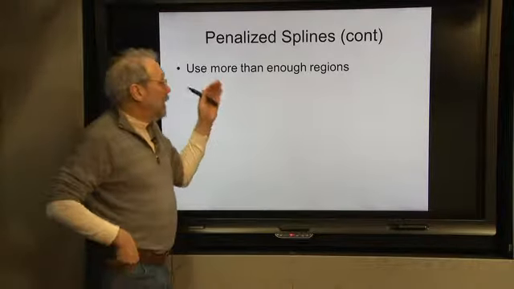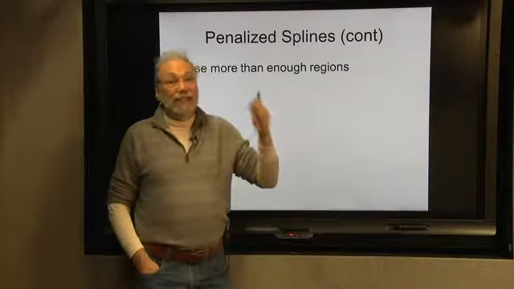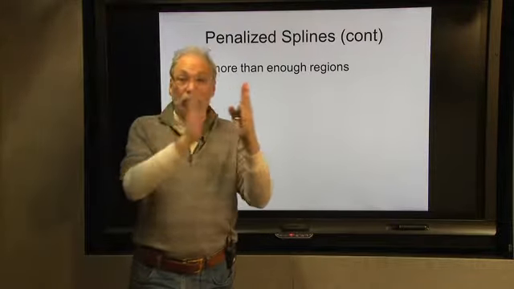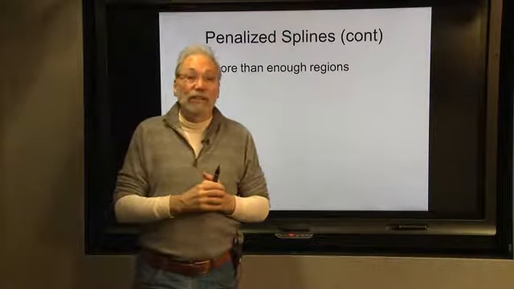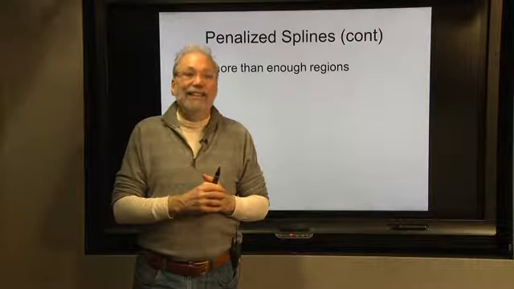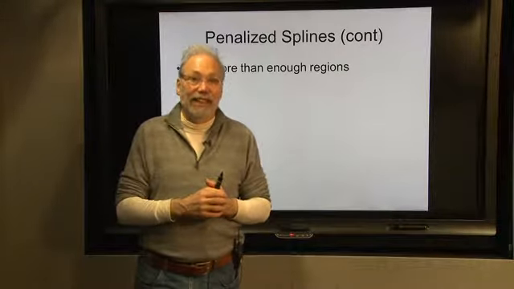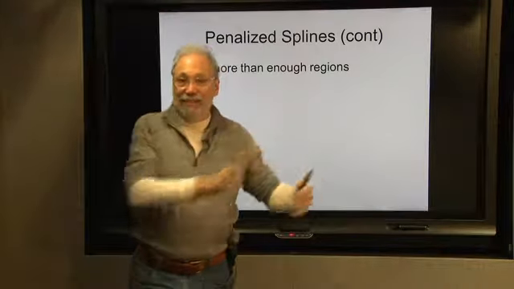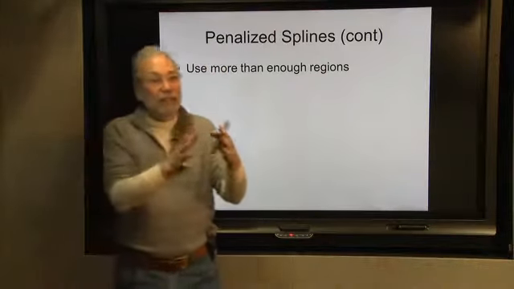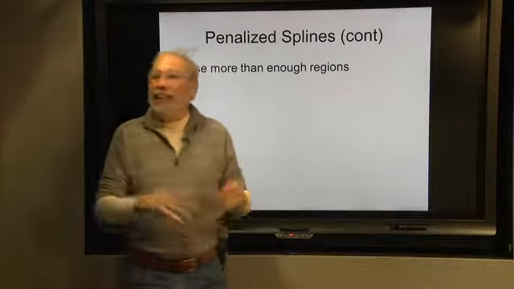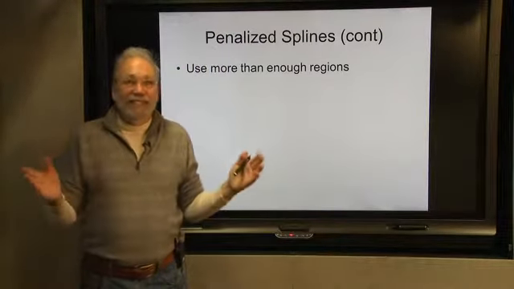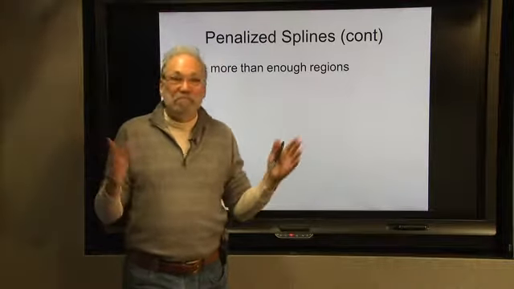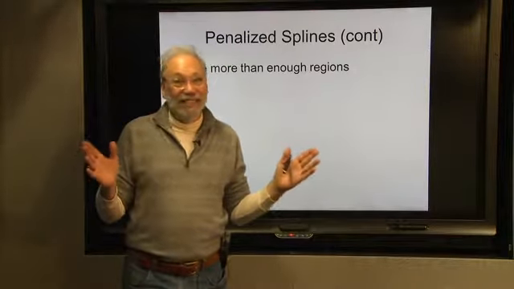So again, I use more than enough knots. I divide temperature into a bunch of ranges. The default in R is deciles of the data. You divide the temperature range into deciles, and there's a separate polynomial in each decile. And if the relationship with mortality is more complicated than that, we're never going to find out what it looks like.